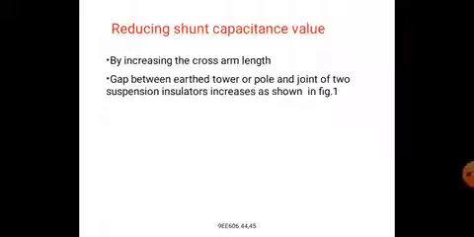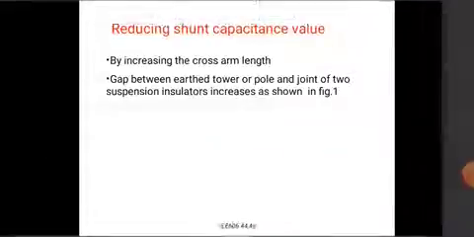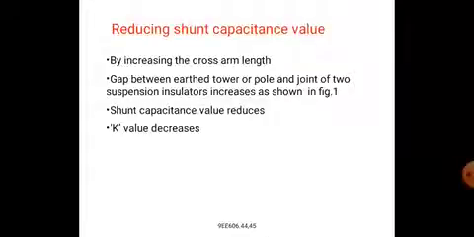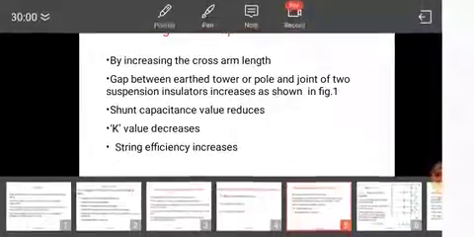By increasing the cross arm length, we improve the string efficiency. The gap between the earth tower or pole and the joint of two suspension insulators increases, so the shunt capacitance value is reduced. K decreases, and if K decreases, the string efficiency increases.